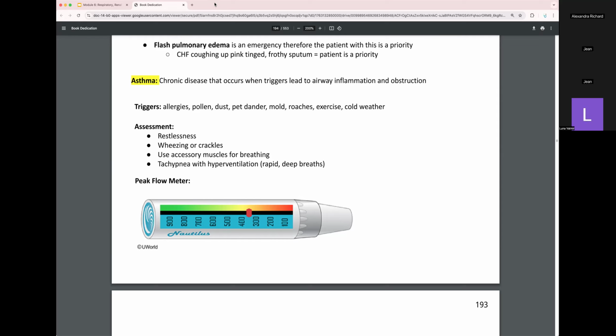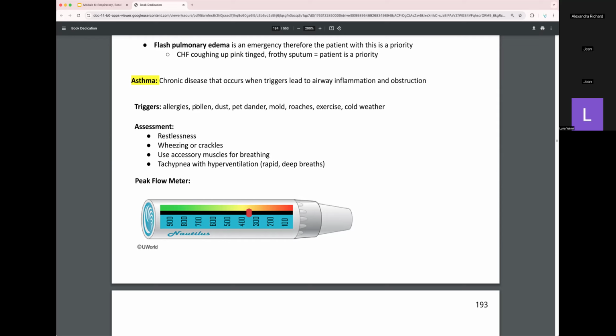So some triggers that can trigger an asthma attack in a patient with asthma include allergies, pollen, dust, pet dander, mold, cockroaches, exercise, and cold weather. So make sure you memorize your triggers. In a patient with asthma, exposure to these triggers, and there are others, can lead to an asthma attack.